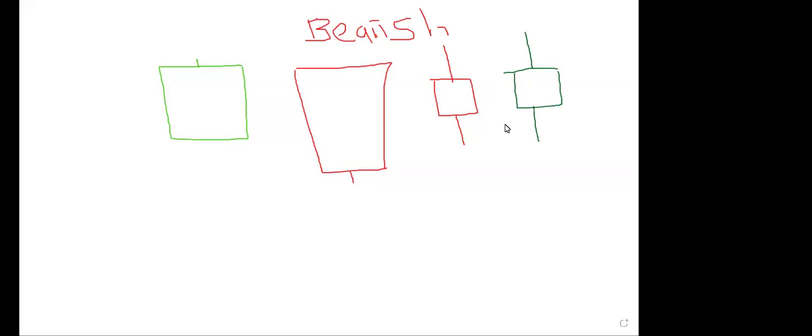It's an indecision. This was the high, this was the low, and then it closed here. For the bullish candle, this is the close, and for a bearish candle, this is the close.